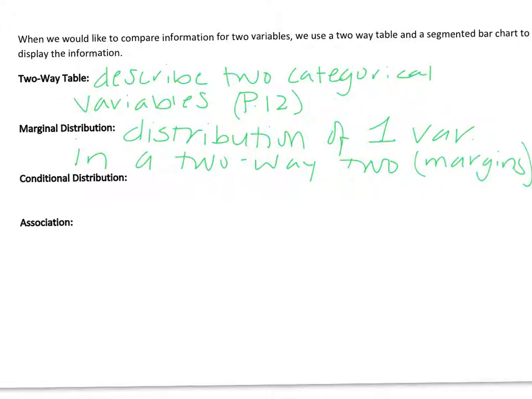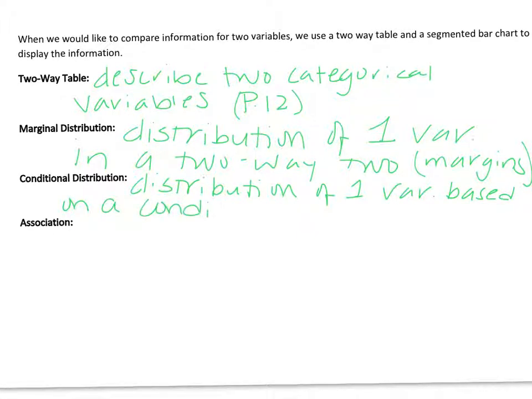All right, the other type of distribution we could be looking at is what's called a conditional distribution. For a conditional distribution, we're looking at how one variable is distributed based on meeting some condition of the other. So we're still looking at a distribution of one variable, but it's based on a condition of the second variable.